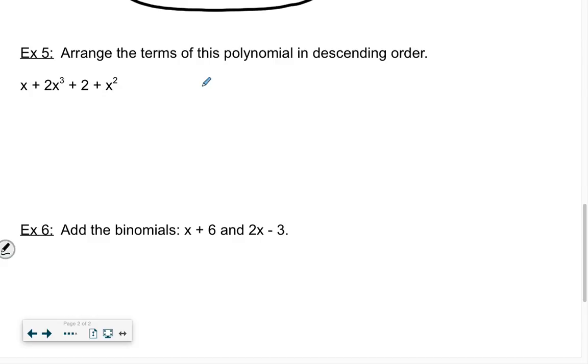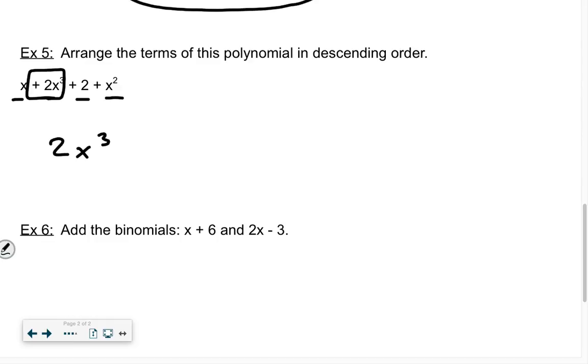The other thing they're going to ask you to do in this lesson is to arrange the terms of the polynomial in descending order, which means we want to start with our highest degree, or our highest exponent, and list them in order down to our least exponent. So if we look at our polynomial here, we have 4 terms. We have 1, 2, 3, and 4. And now we want to rearrange these so that they're in order, starting with the highest one. Well, I notice that the highest one is this plus 2x to the third.